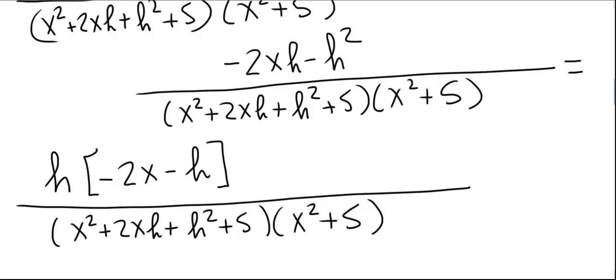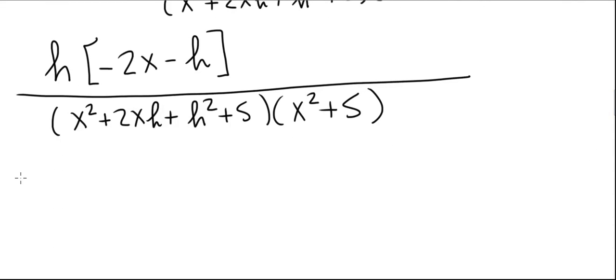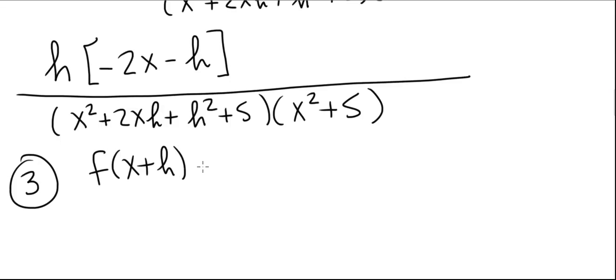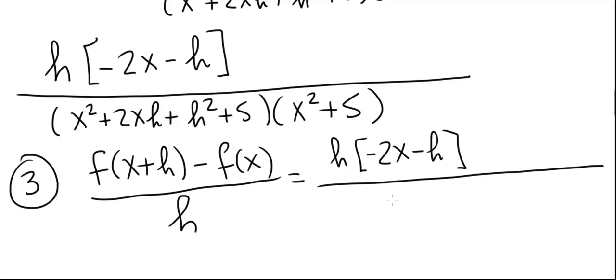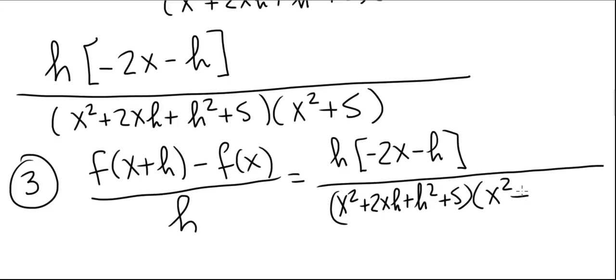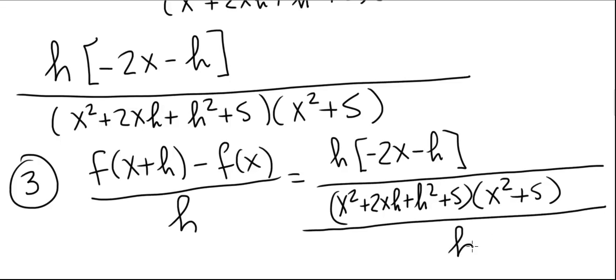Step 3, we take what we just did in step 2, f of x plus h minus f of x, and divide by h. So this is equal to h times minus 2x minus h divided by x squared plus 2xh plus h squared plus 5 times x squared plus 5, and all of that divided by h.